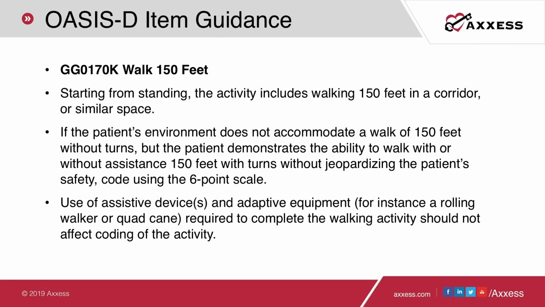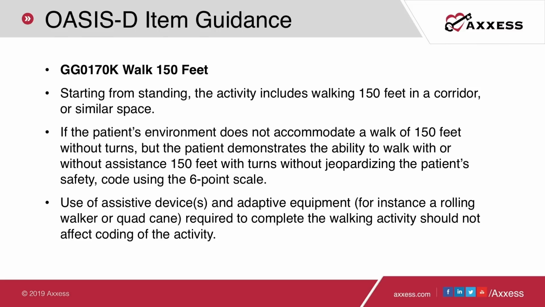Next, let's look at GG0170K, walking 150 feet. Starting from standing, this activity includes walking 150 feet in a corridor or similar space. If the patient's environment does not accommodate a walk of 150 feet without turns, but the patient demonstrates the ability to walk with or without assistance 150 feet with turns without jeopardizing the patient's safety, then you're going to code this according to that 6-point scale.